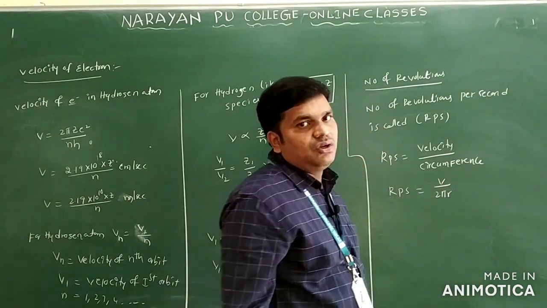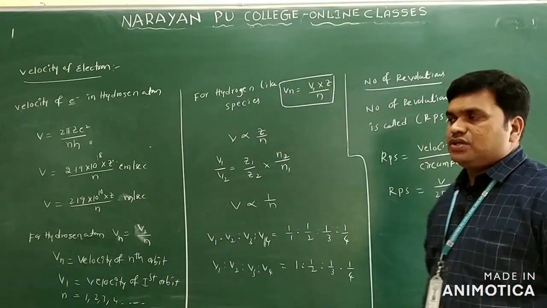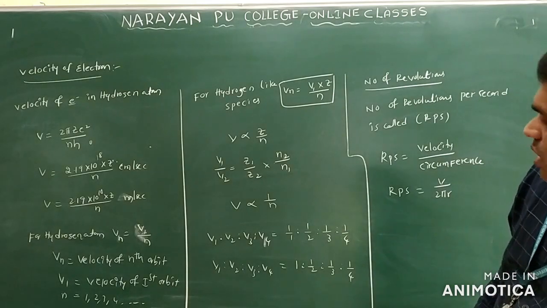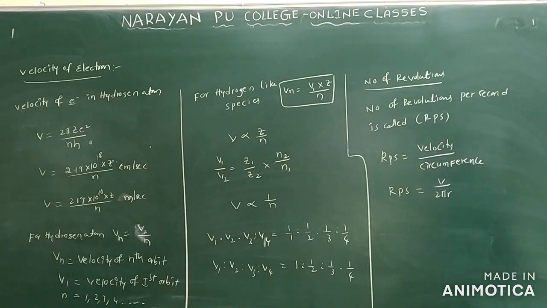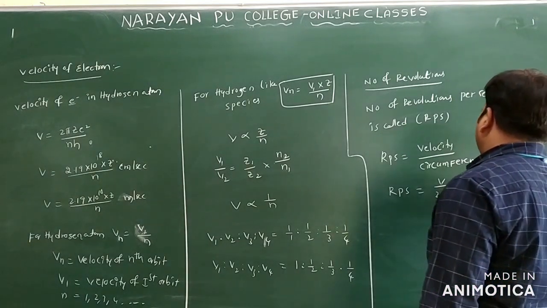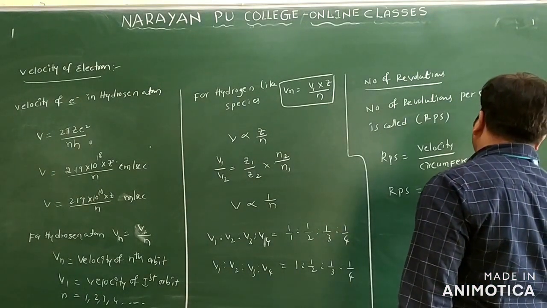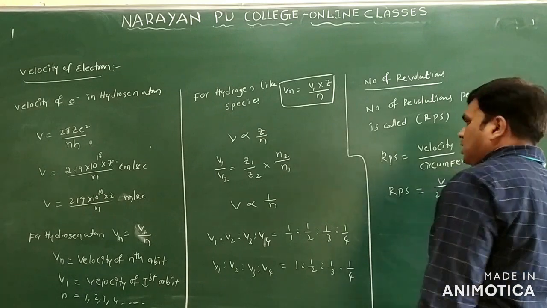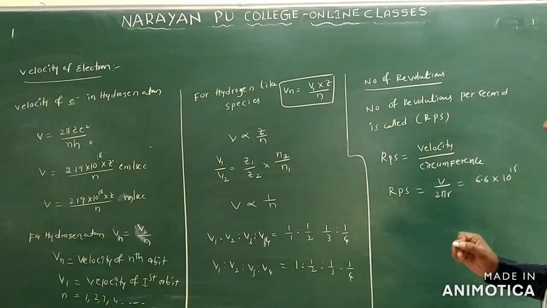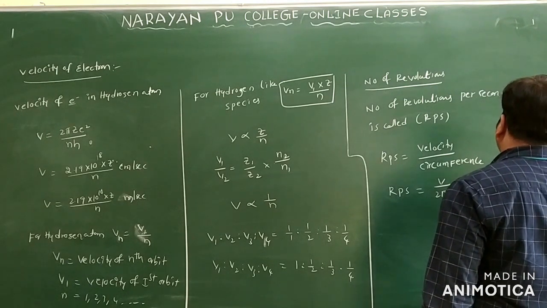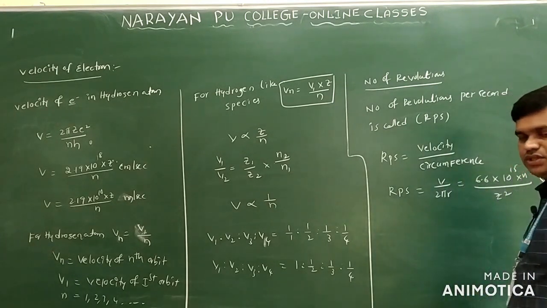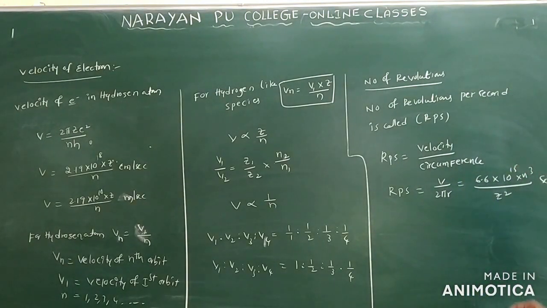You can substitute the values of the velocity, pi value and r value. You will get 6.6 into 10 power 15 into n cube by Z square per second.